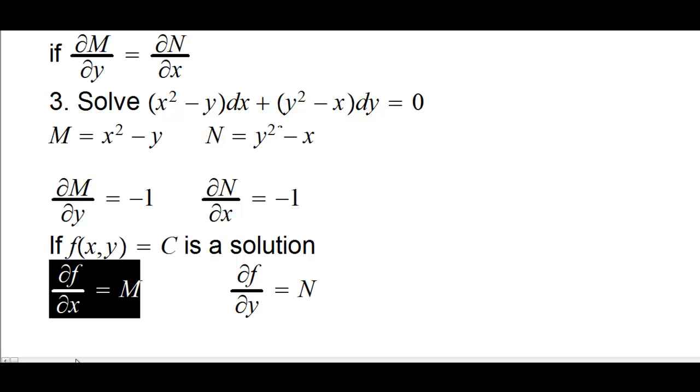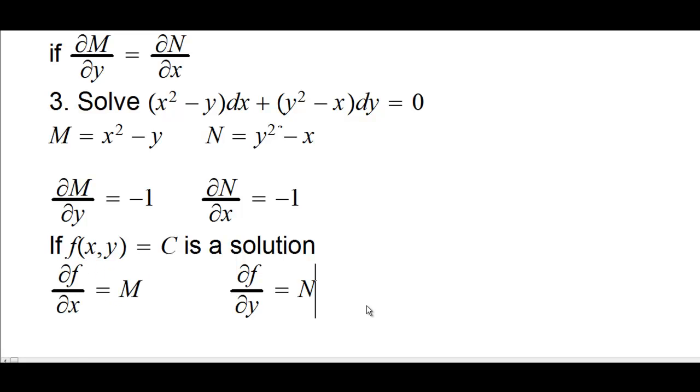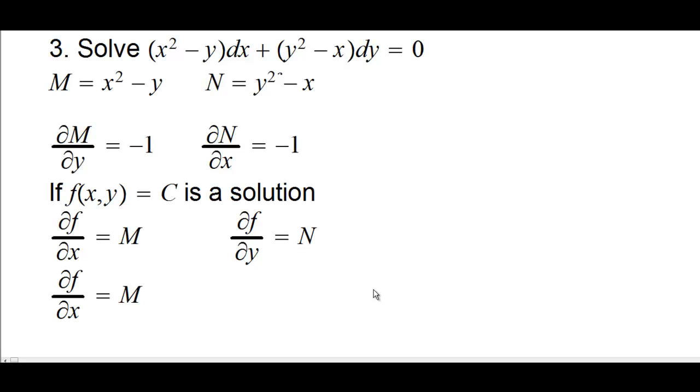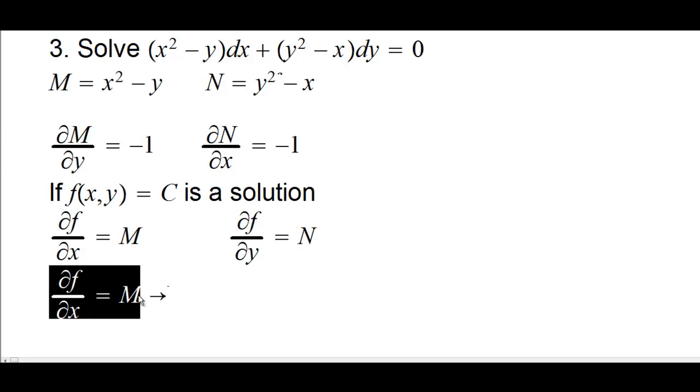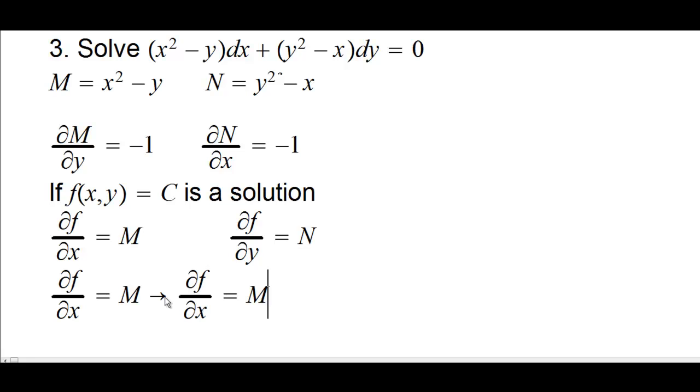Okay. So if I look at this, first of all, this tells me that the partial of f with respect to x equals what? Okay, x squared minus y, right?